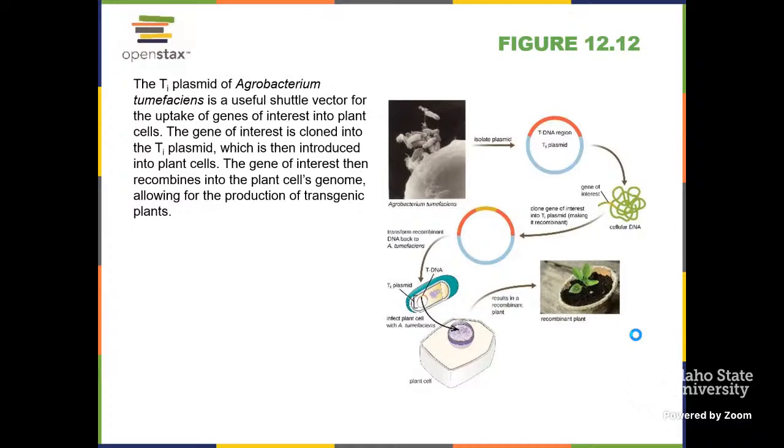So natural stuff, technically bad news, but once we've manipulated it and are using it in a lab situation, we use it to our benefit, all right? So this gives us opportunities for all sorts of different types of transgenic plants, all right? And here we've got our bacteria with the respective stuff in its plasmid in the cell.